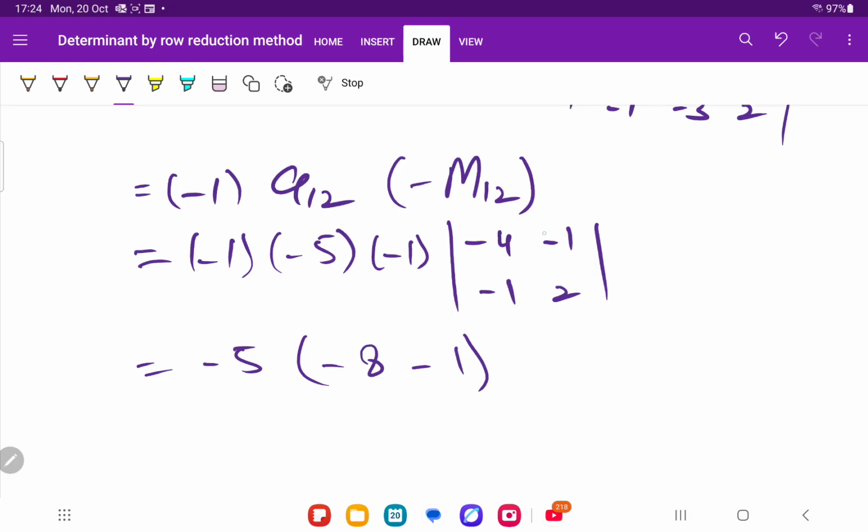Minus sign, because minus minus plus, so when we are going up we have to have an opposite sign. So all together we are getting minus 5 and minus 9. So the answer is 45. That is the determinant by the row reduction method.